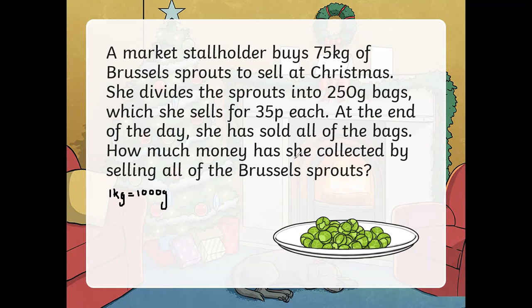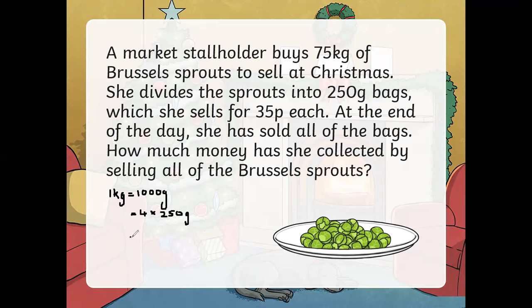So then that means that each kg can be split into 4 250-gram bags. So 1 kg will be 4 times 250 grams. And then we know that she has 75 kgs of the Brussels sprouts. So each kg can be split into 4 bags of 250 grams each.